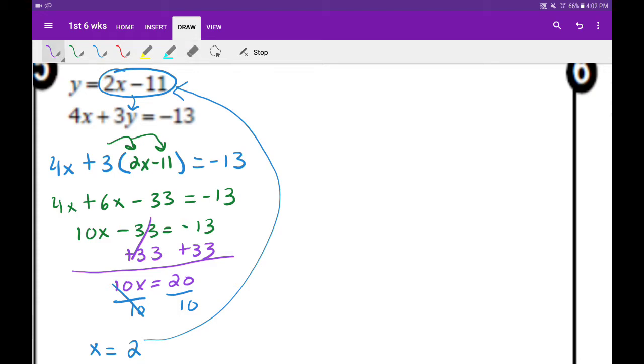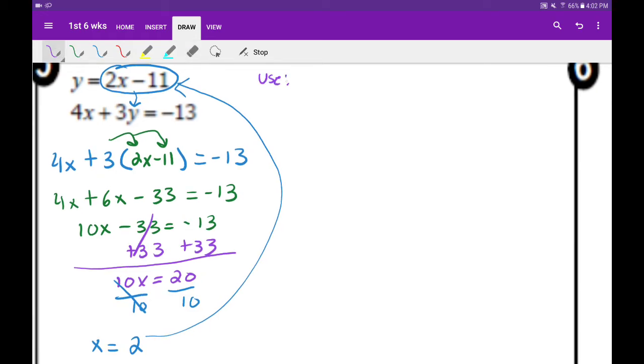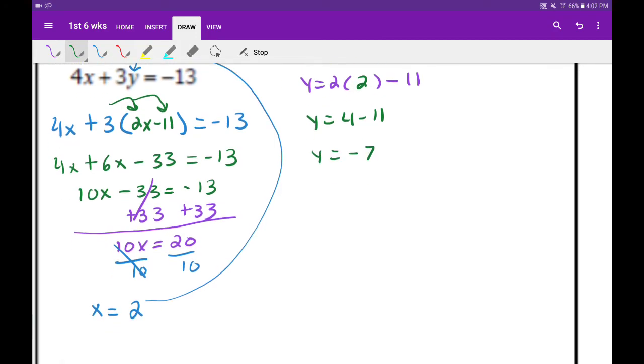Okay, so we'll substitute the 2 for the x, and then we're going to get y equals 4 minus 11, and then this is going to be y equals negative 7. Okay, so now we got to write a solution as an ordered pair. So 2 goes in the x spot, negative 7 goes in the y spot, and that is our solution there.